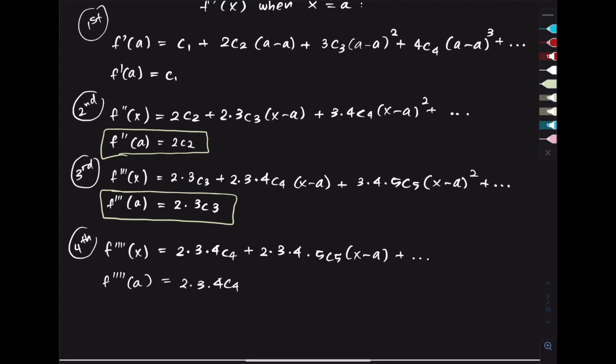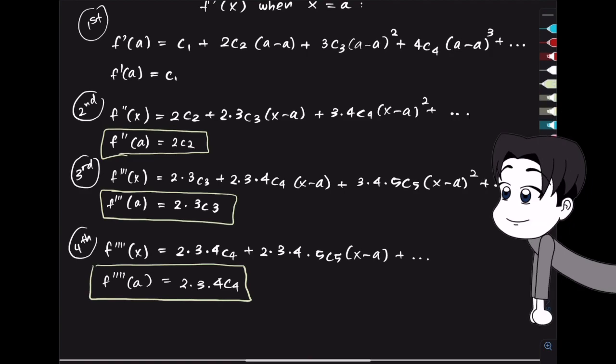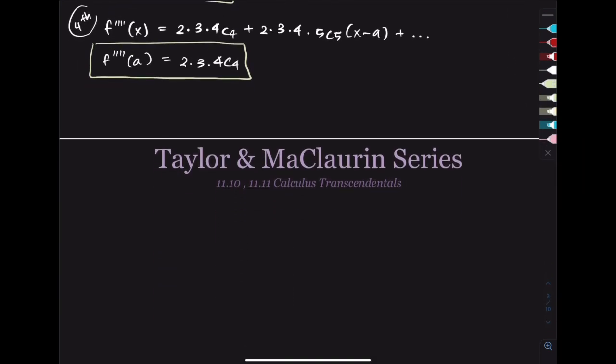And for the fourth, it simplifies to 2 times 3 times 4c. Matei, what kind of pattern is emerging? That's right, it's a factorial. So I can also write it like this.